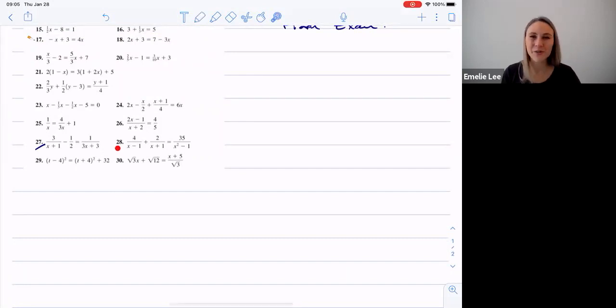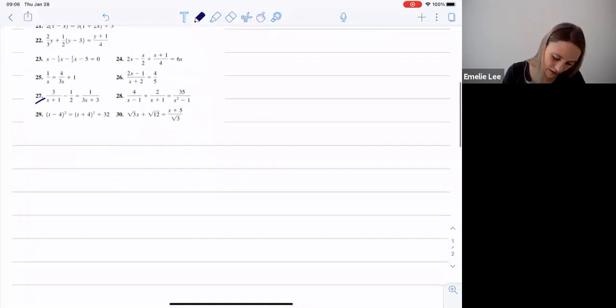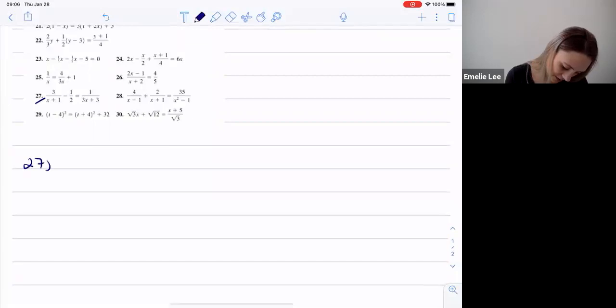I was tempted to do 28 because it's potentially the hardest one on here. But I'm going to leave it for you to try on your own because it's very similar to 27, except you'll have to factor this x squared minus 1 likely, right? So just make a mental note of that for when you do it on your own. But let's do 27 together.